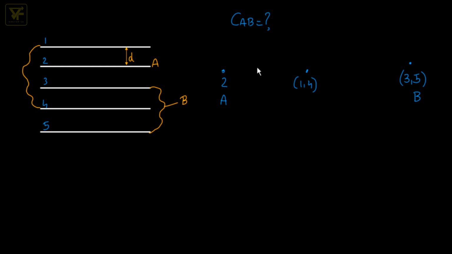What next? Next, you find out which are the capacitors. There is one capacitor between 2 and 1, so you can draw one capacitor between 2 and 1. Now when you draw between 2 and 1 or 2 and 4, it's the same thing. So this capacitor is sorted. Between 2 and 3 there is one capacitor directly.